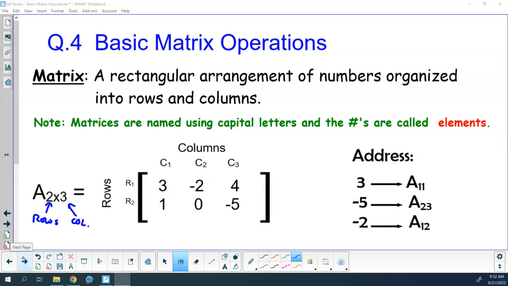Matrices have brackets or parentheses. We just learned that because of the coding aspect of using matrices, they sometimes use big parentheses around them too, not just brackets. So either one works for us, brackets or parentheses.